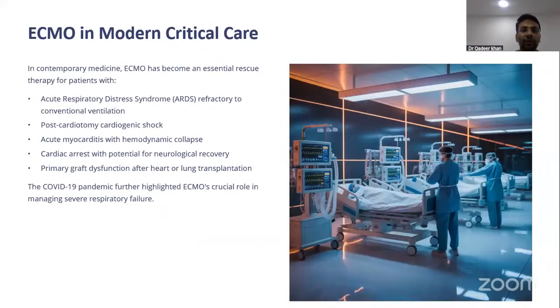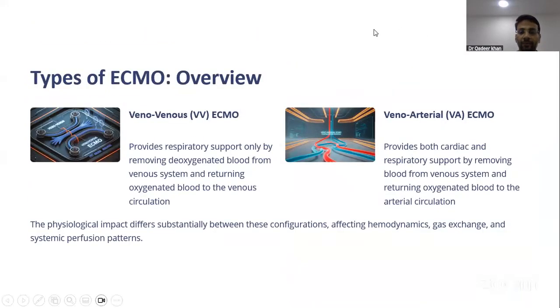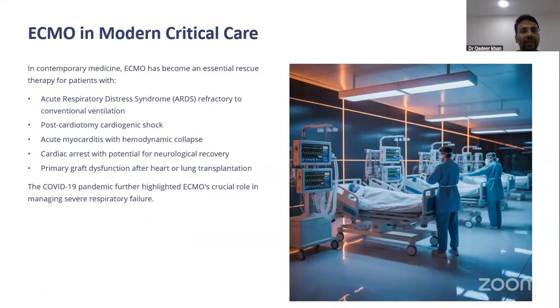Mainly, ECMO is used in various medical conditions like acute respiratory distress syndrome, where our conventional ventilation strategies may not be able to help. Post-cardiotomy, like in patients post-cardiopulmonary bypass and cardiogenic shock, where they are not able to come off the bypass machine, we can change to ECMO, that is VA ECMO. Acute myocarditis, which can be viral myocarditis or peripartum cardiomyopathy.